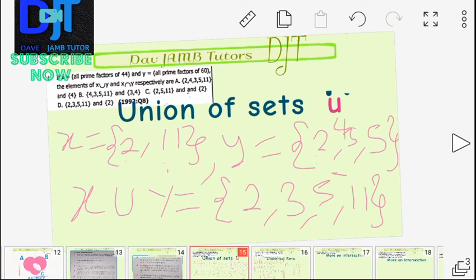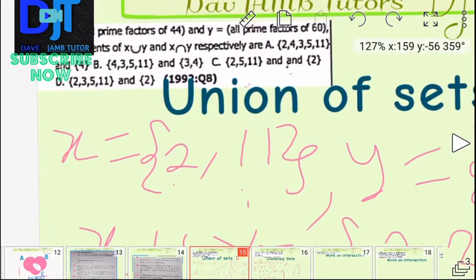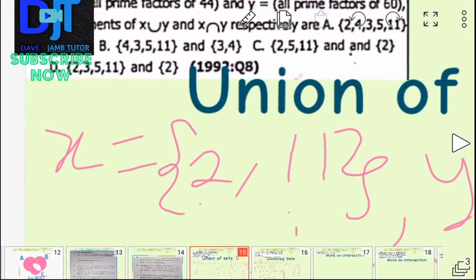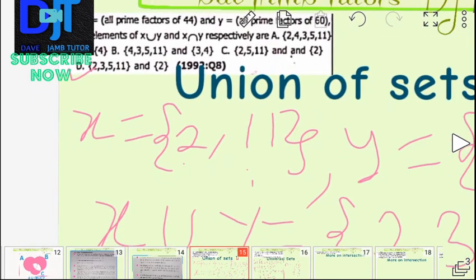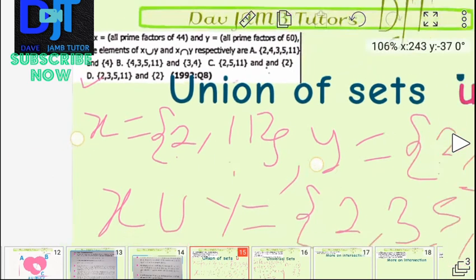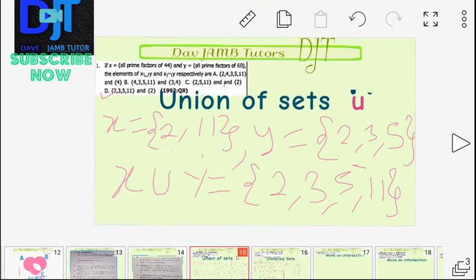All prime factors of 44. 4 is included? Oh, 4 is not included. Sorry. I'm on the right track. Our answer is D. Our answer is this: 2, 3, 5, 11, and 2. It is 2 again because of the extra 2 there. Remember I said that because 2 exists in both of the sets, that is why it's there.